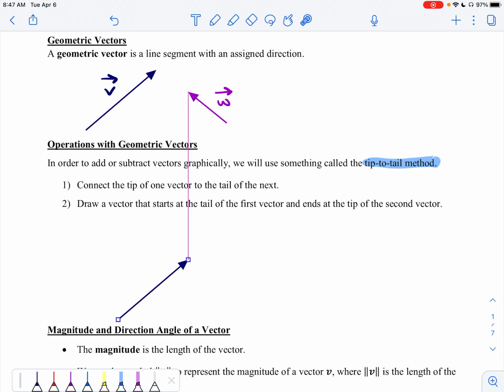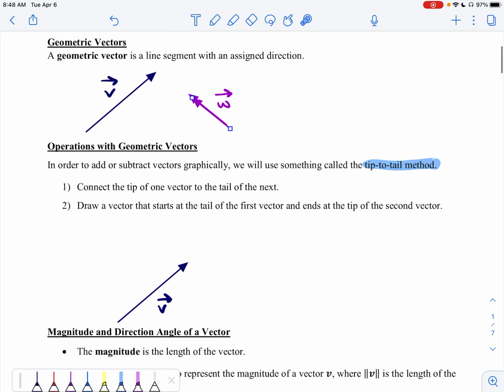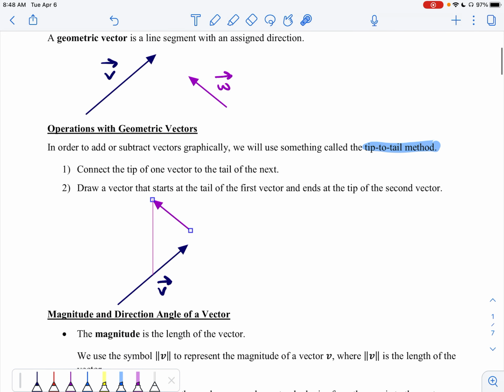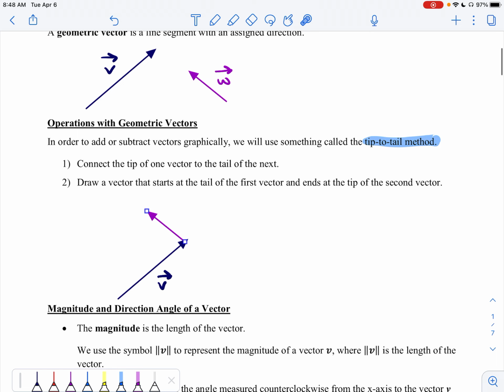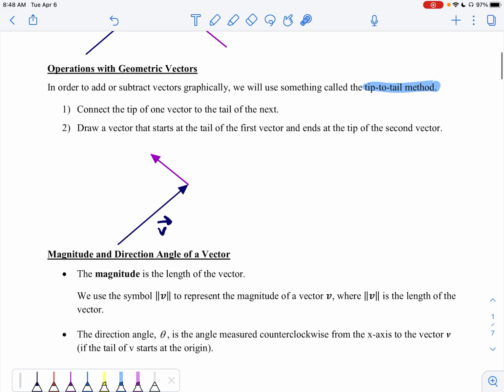So if I'm looking for V plus W, I'm going to start with my vector V, and then right at the tip of V, I'm going to attach my vector W. I'm going to attach W right to the tip of V.